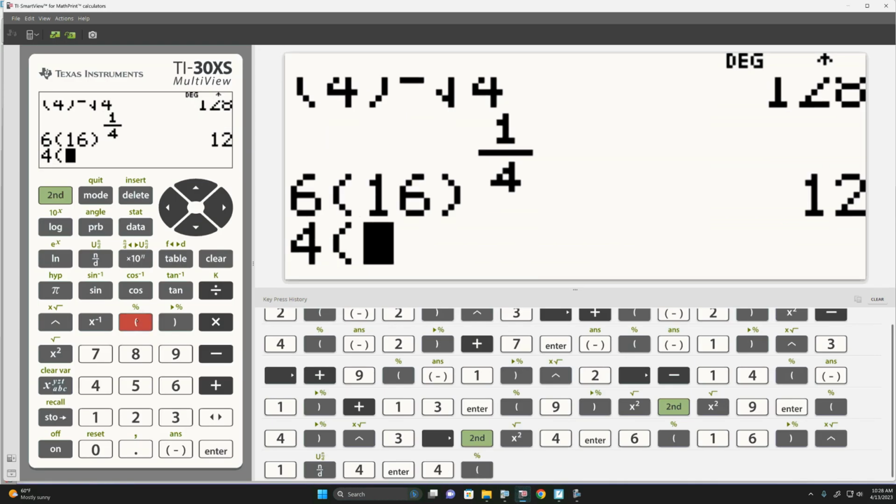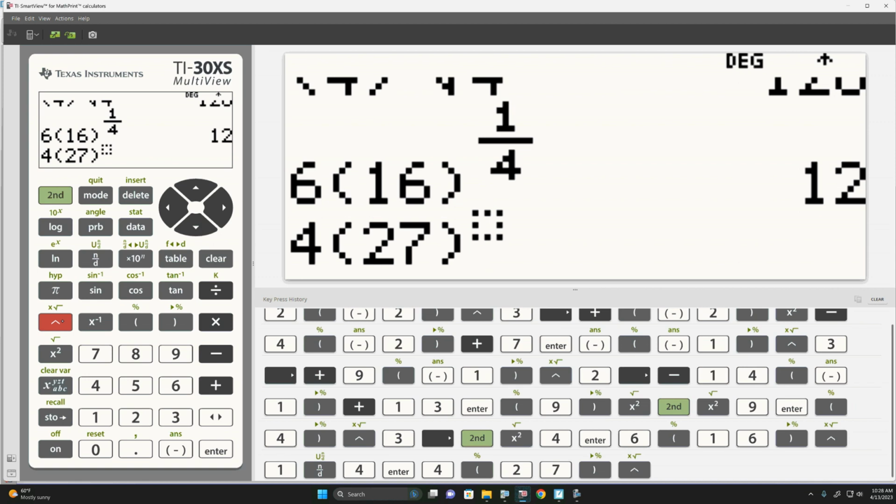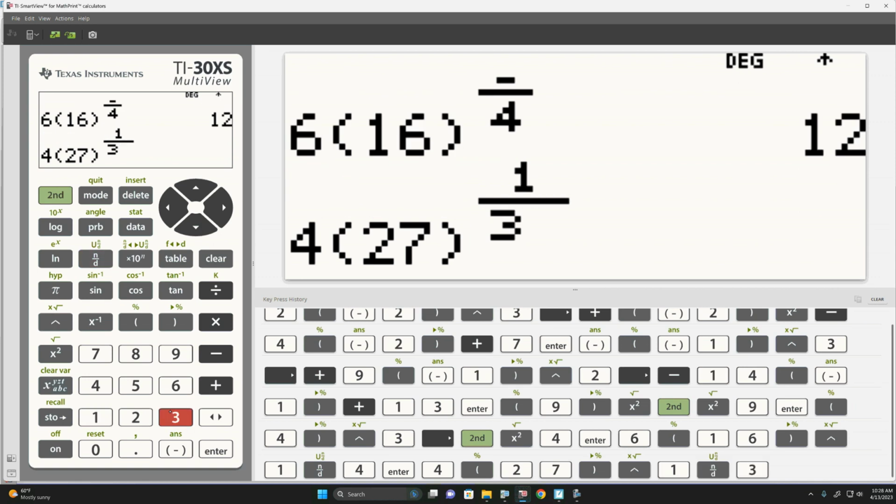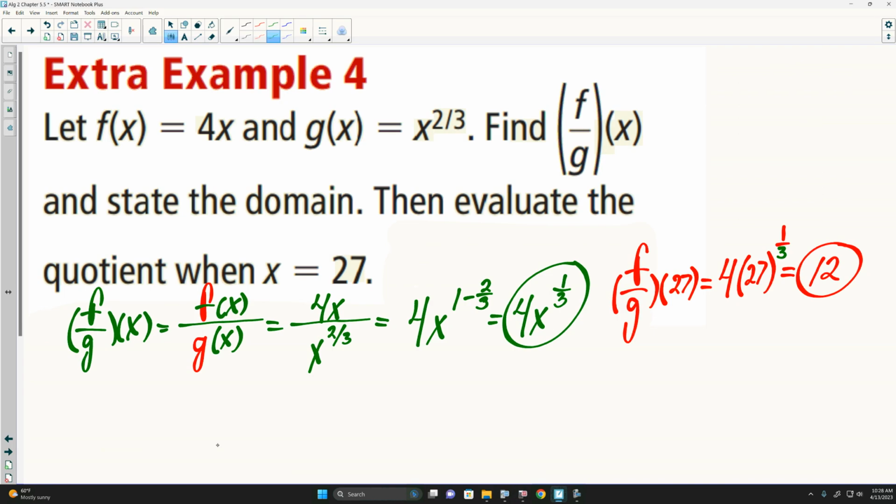We can say 4 parentheses 27 to the 1/3. Ironically, the last two have been 12, because the cube root of 27 is 3, because 3 times 3 is 9, 9 times 3 is 27. And then 4 times 3 is 12. So it just worked out nicely that way. Any questions on this here?